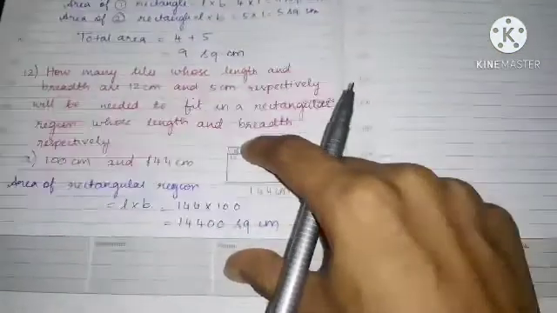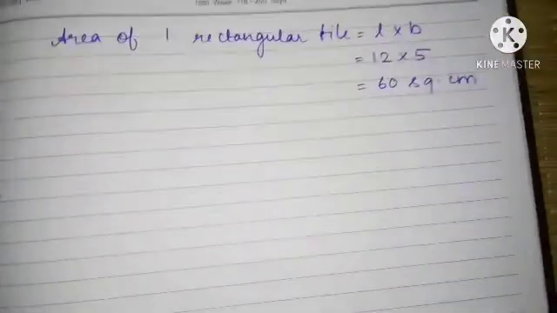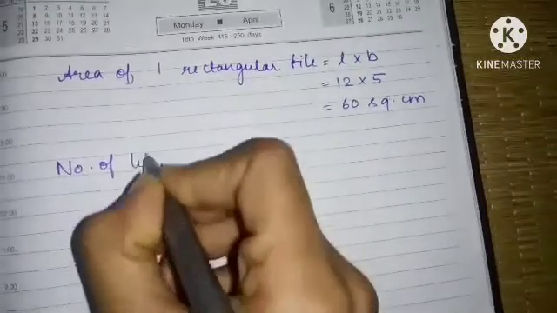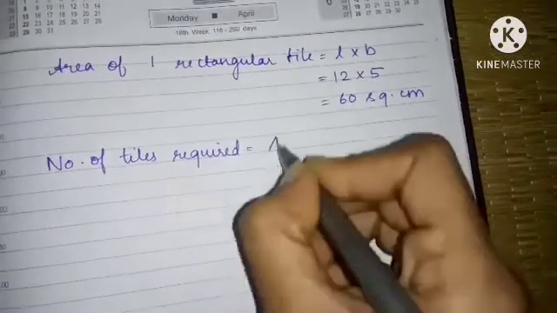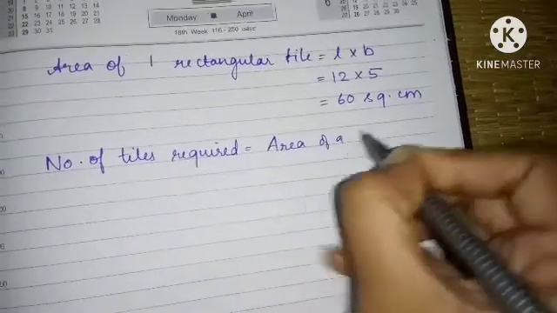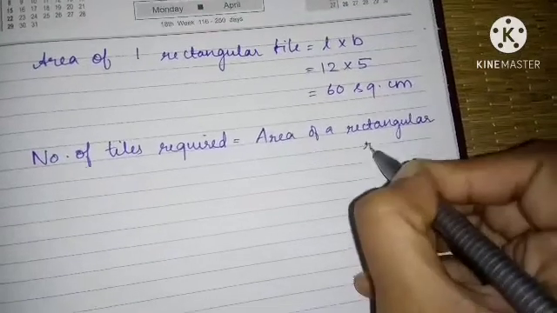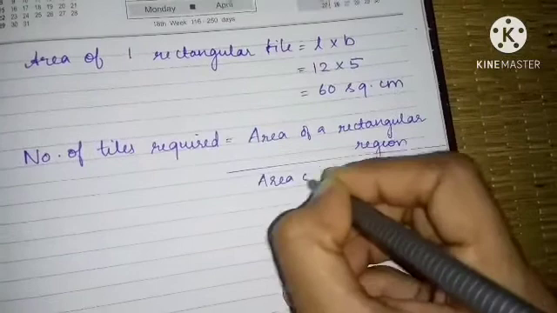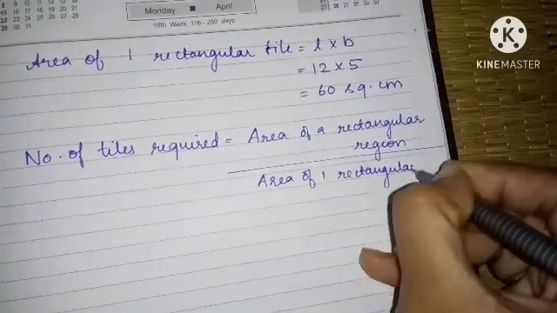So if you divide this total rectangular region by this rectangular tile, you will get the number of tiles required. So number of tiles required is equal to area of rectangular region divided by area of one rectangular tile.